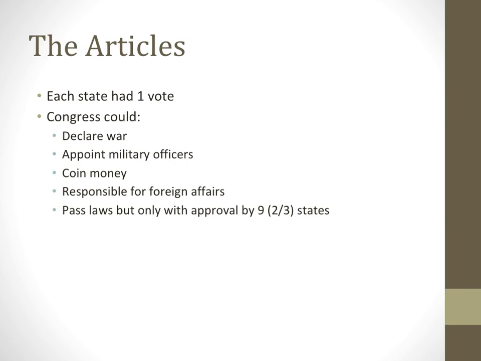Each state had one vote, and this really highlights the fact that they saw each state as being primary. The state is the most important part of this group. These are groups of states that are agreeing basically to work together on certain things, but the state is still the most sovereign and the most important, which is different than what we have today under the Constitution.